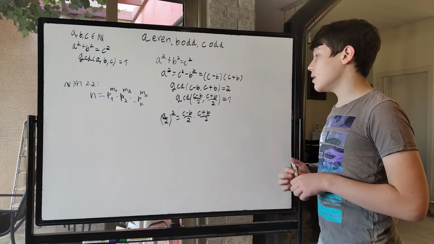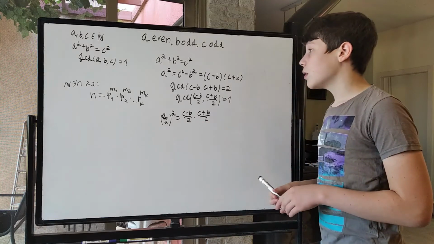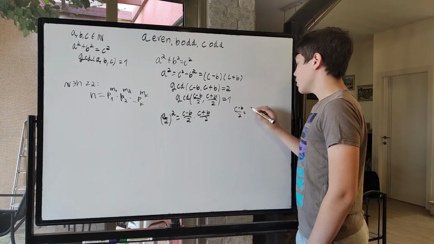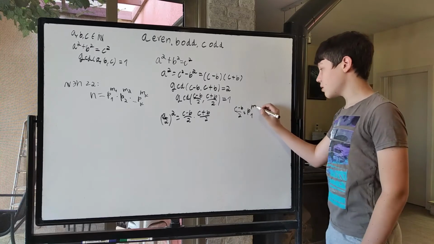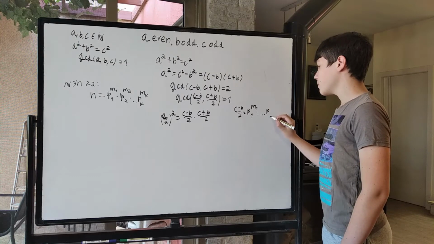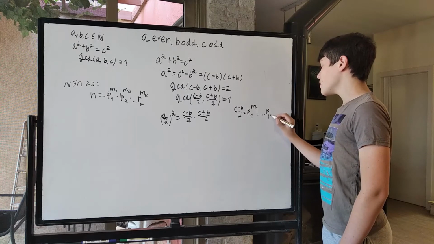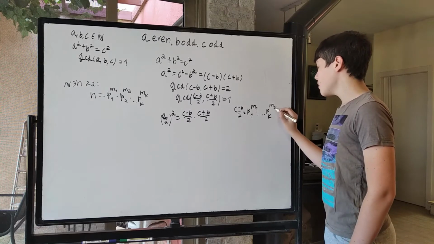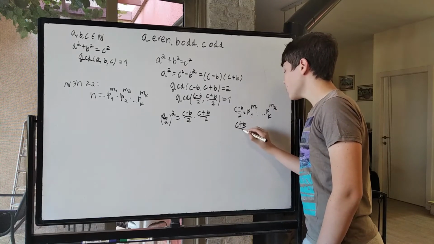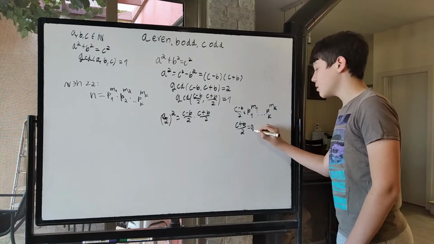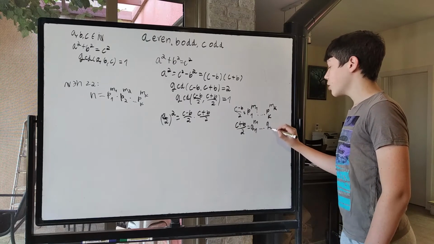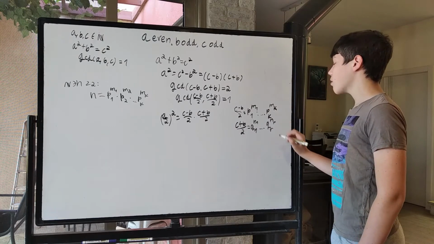So let's say C minus B over 2 is p1 to the m1 up until pk to the nk, and let's say C plus B over 2 is q1 to the n1 up until qr to the nr.